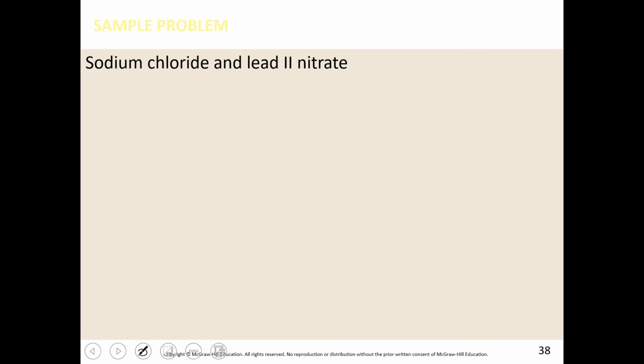So sodium chloride is ionic, and based on my solubility rules, it is soluble, so I write aqueous. And then lead 2 nitrate. This 2, remember, refers to the charge on the lead, not how many of them there are. It is also soluble.